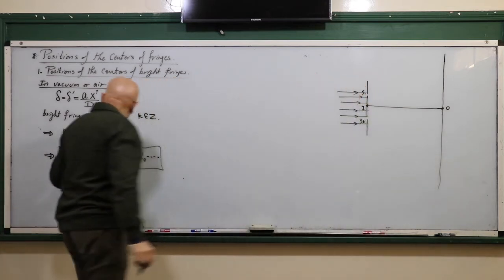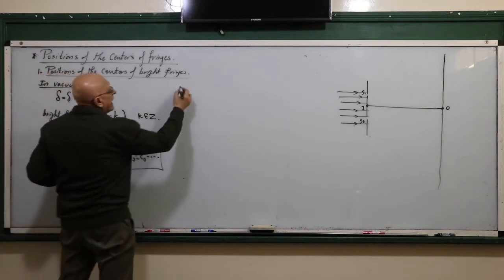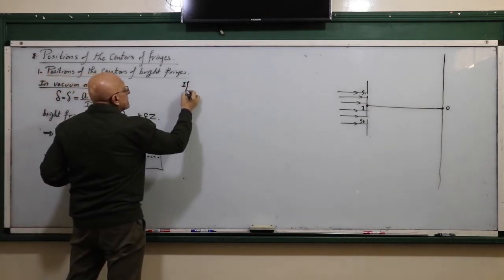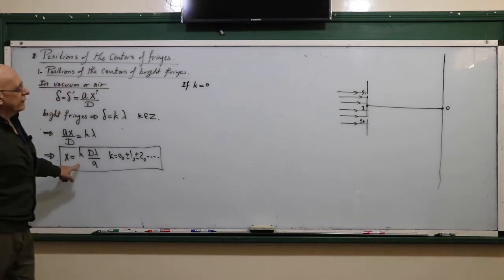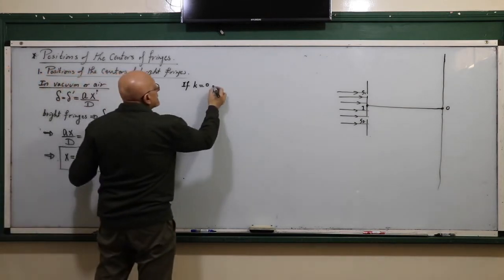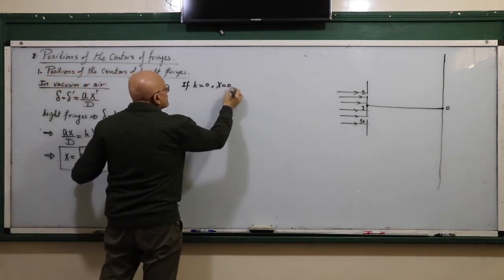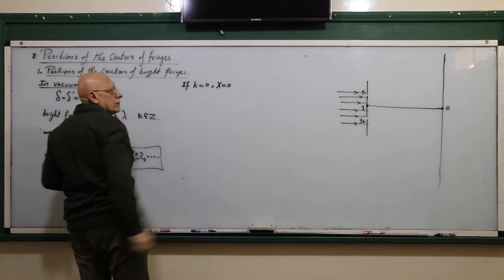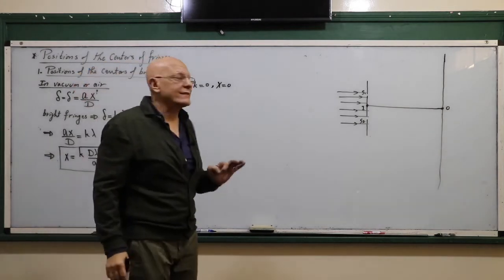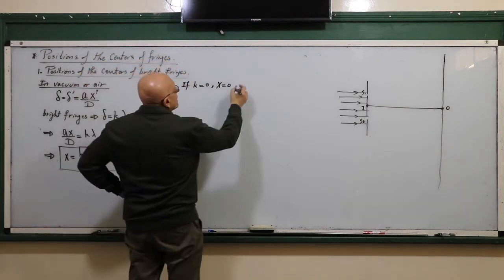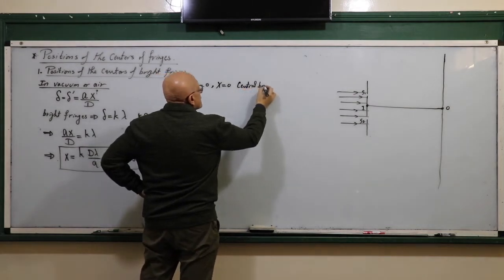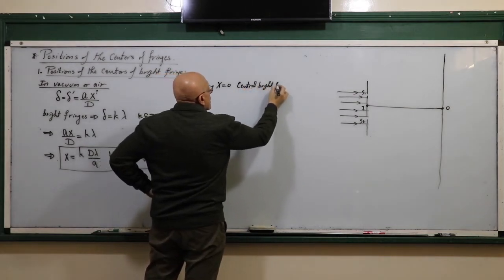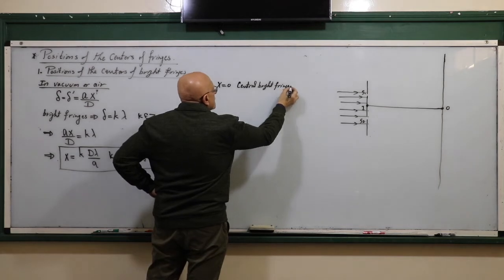Now, look at this formula. If k equals 0, this means X equal to 0. This gives me k0, the order of the central bright fringe. Central bright fringe. Okay?